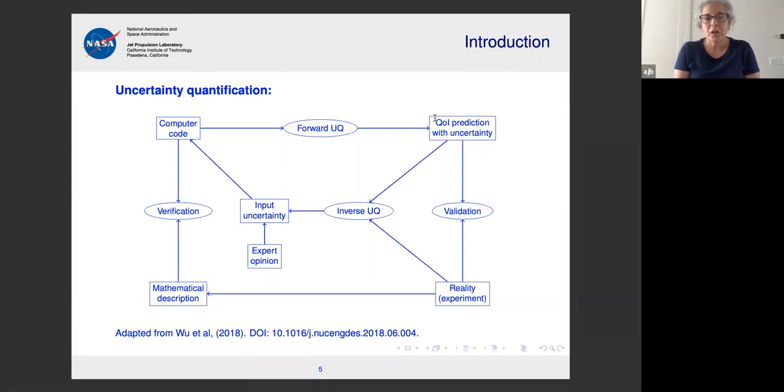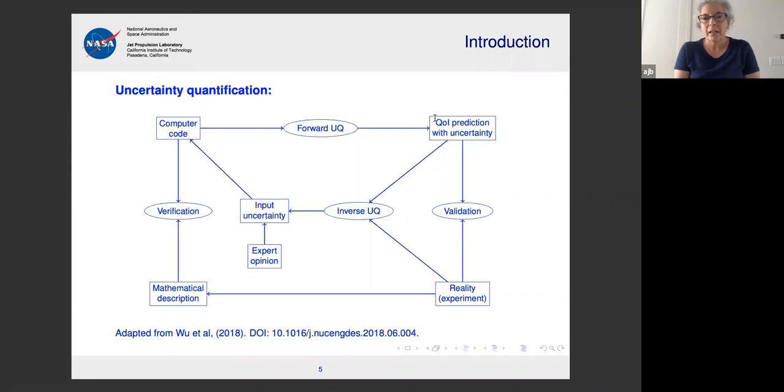Now, in the course of getting a hold of that ensemble of potential inputs, you would need to know the distribution on those inputs, or the input uncertainty. And a lot of times there are certainly quantities that go into your computer code whose distribution you have no idea about.